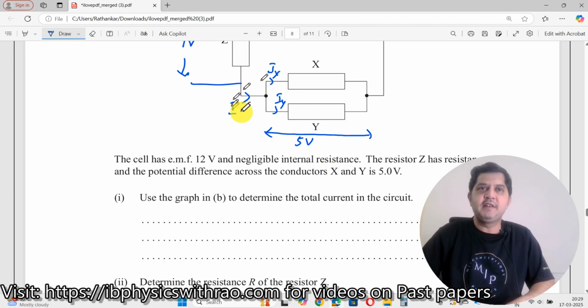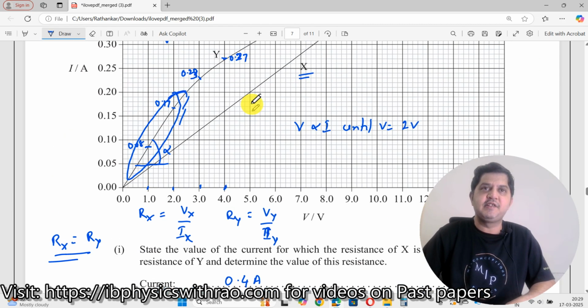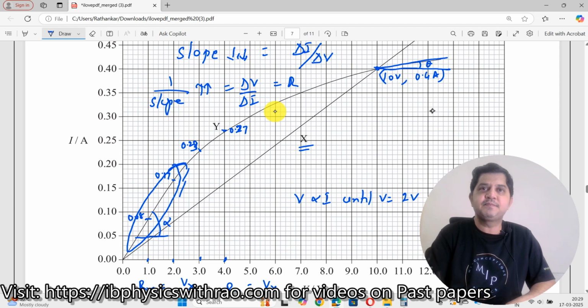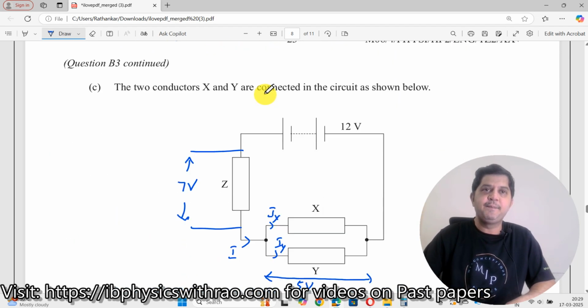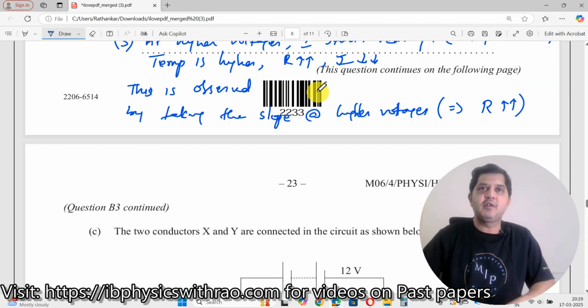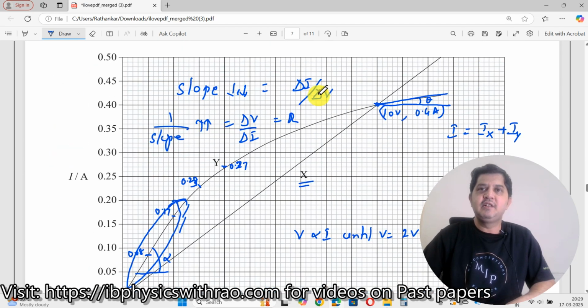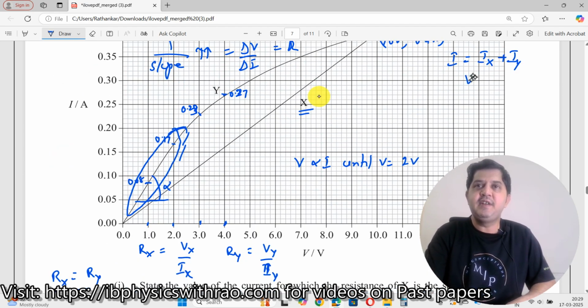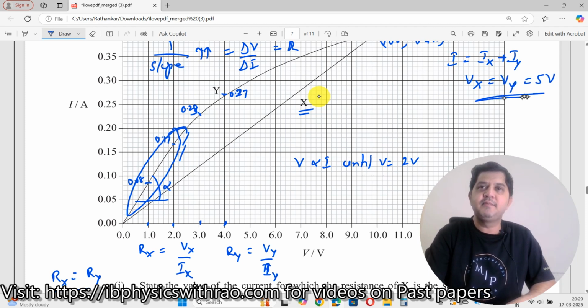Now with this information, let me go back to the graph and see, and I have I equal to Ix plus Iy in such a way that the potential difference across this is Vx equal to Vy equal to 5 volt. Okay, so let me write down that also, that Vx is equal to Vy is equal to 5 volt. This is what we have.